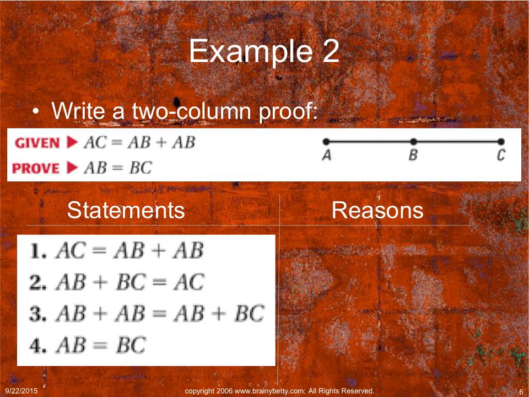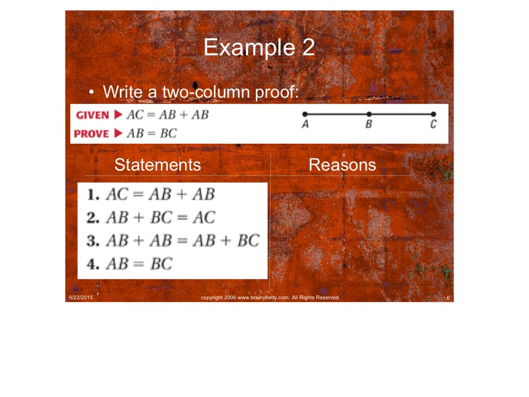Example 2, another proof. Okay, again, we have the statements. We must provide the reasons. So we have a given and we have a picture. And then we're showing that we want to prove that AB is equal to BC. So my first statement, what's it going to be?